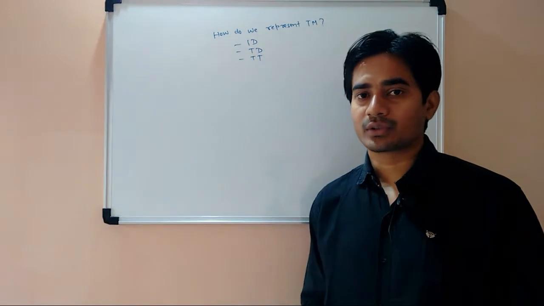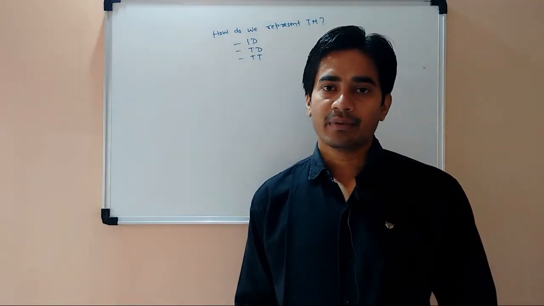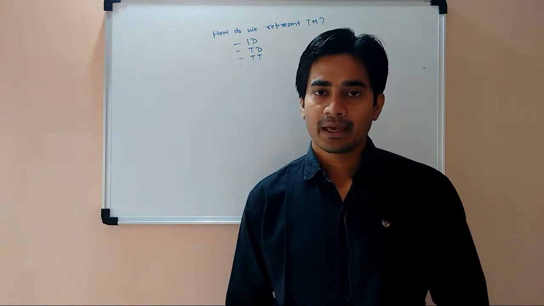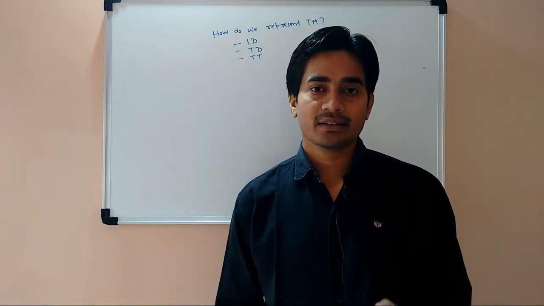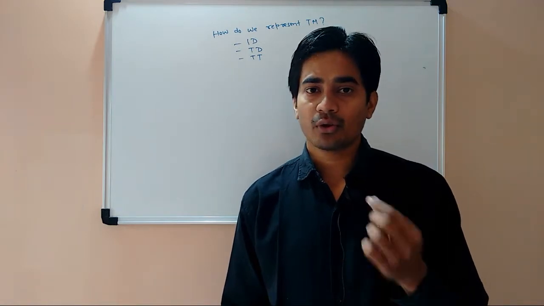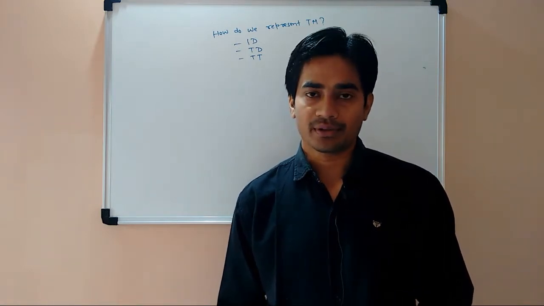Before discussing these two representations, we will see the formal definition of a Turing machine. As PDA is defined by 7 tuples, a Turing machine will also be defined by 7 tuples.